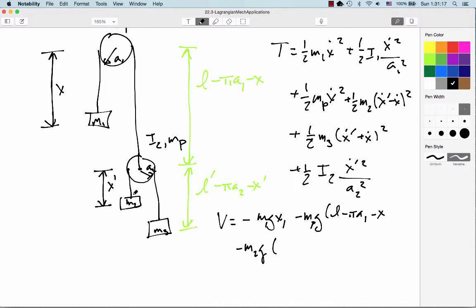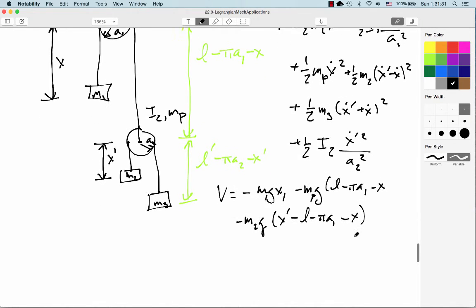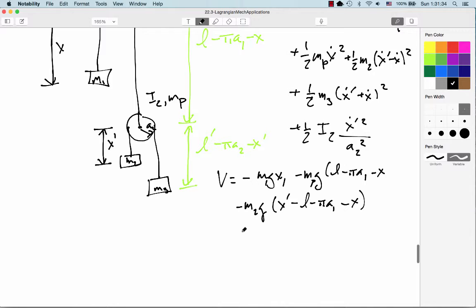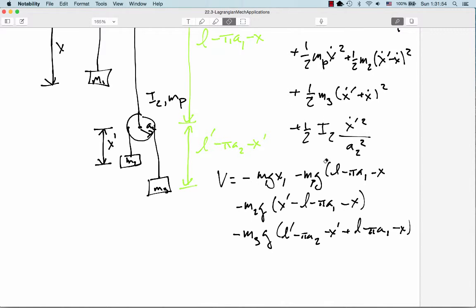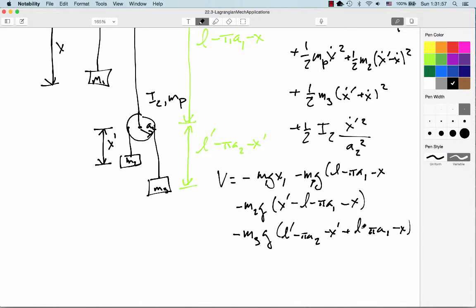Let's see, that is going to be down a distance, this distance plus x prime. So that will be x prime minus L minus pi a1 minus x. And then for this guy, we add these two distances together. Minus m3 g, L prime minus pi a2 minus x prime plus L minus pi a1 minus x. Phew.